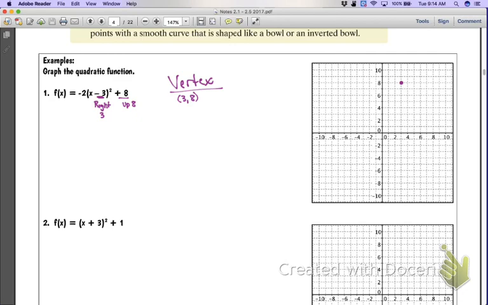Now if I'm doing this by hand, I always move from my vertex. I'm going to slide one spot to the right. Where's my next step? How many am I going to go? One right. How many am I going to go up or down? Down 2. And then match that point.